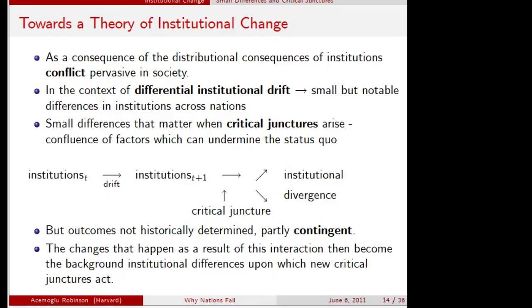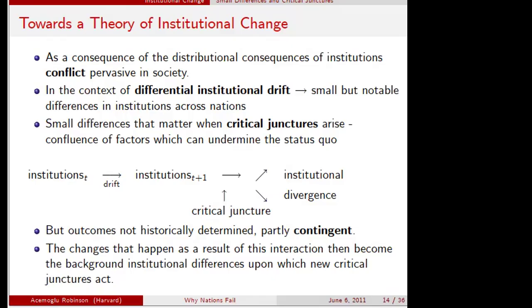So the author develops a two-part model of institutional change. And I want you to understand this model clearly because it is genuinely very elegant and very useful for analyzing what is happening in the world even today.